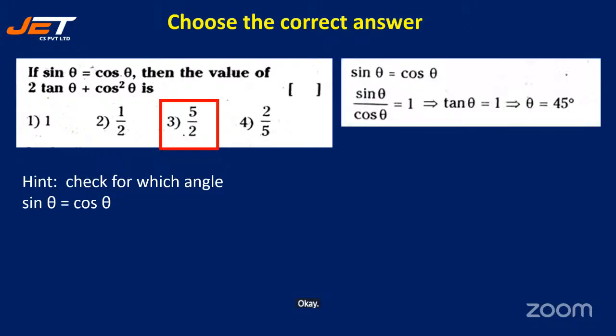See the answer. Sin theta is cos theta. So sin theta by cos theta is 1. So what is sin theta by cos theta? It is tan theta. So tan theta is 1. So 2 into 1 plus cos square is nothing but, what is cos square over here?